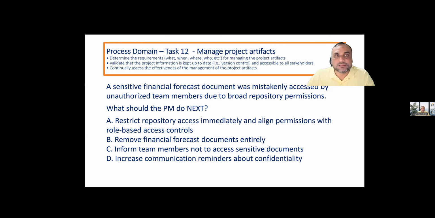Next. A sensitive financial forecast document was mistakenly accessed by an unauthorized team member due to overly broad repository permissions. What should the PM do next? What will solve the problem?